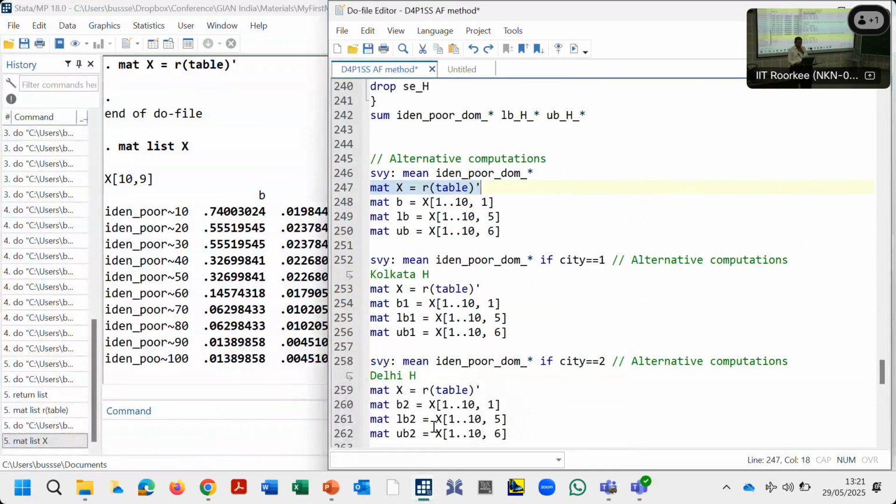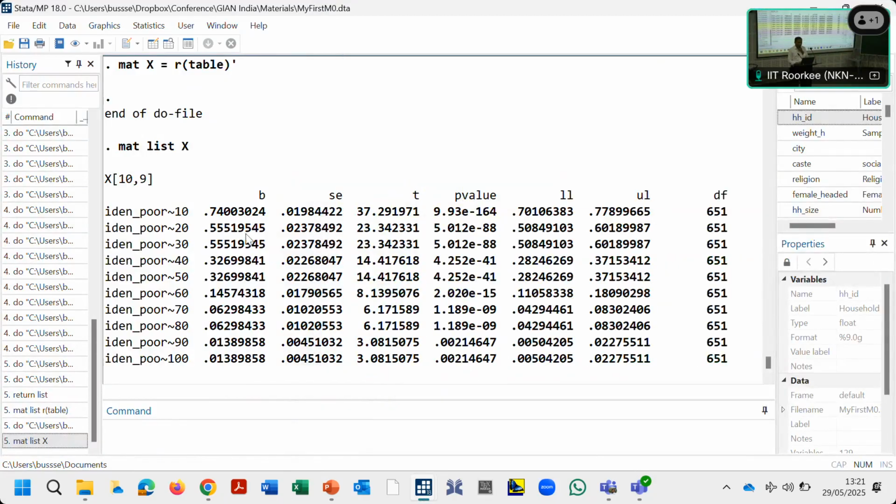Then what we are going to do: for B, we are saying take rows 1 to 10, but save column 1. Lower bounds are from X, take rows 1 to 10, but column 5. Look, column 1 has B, column 5 has the lower bound, column 6 has the upper bound.